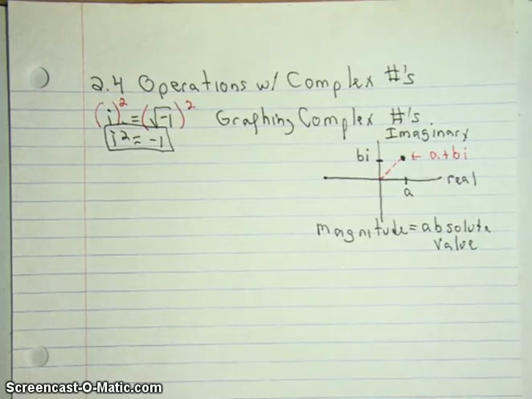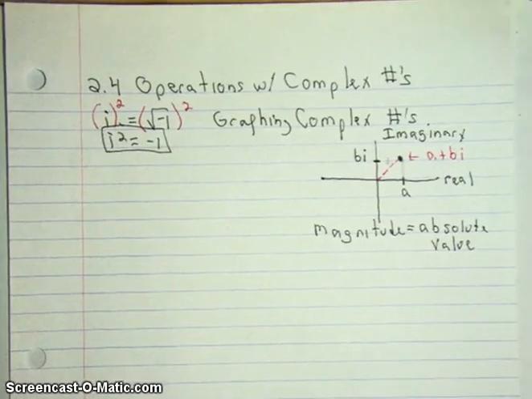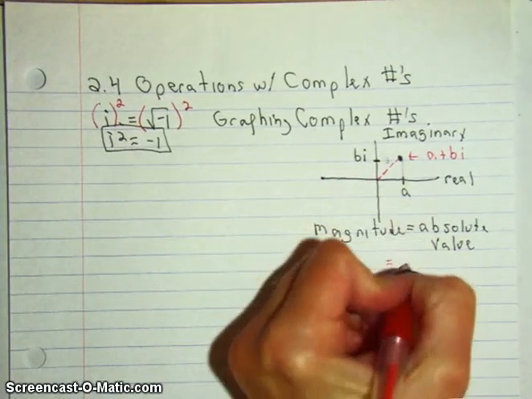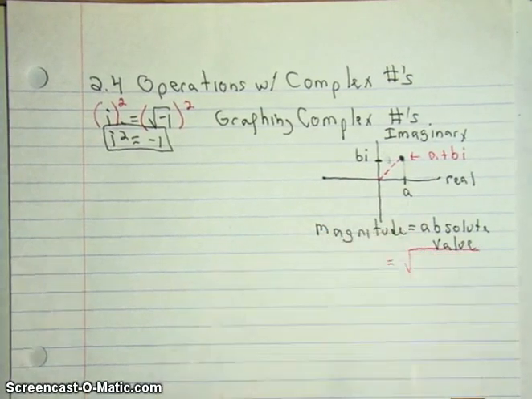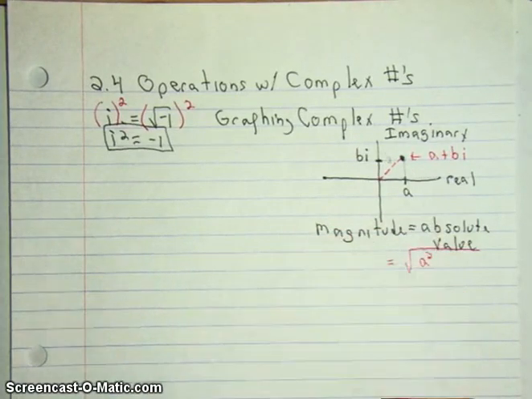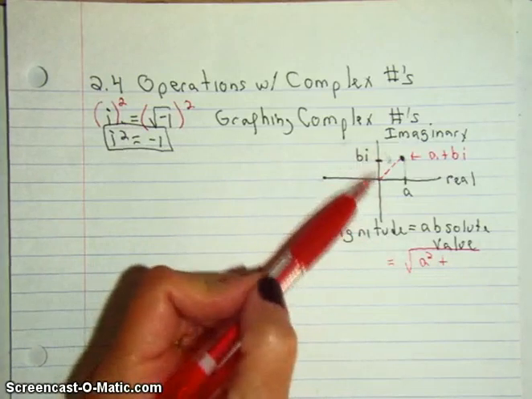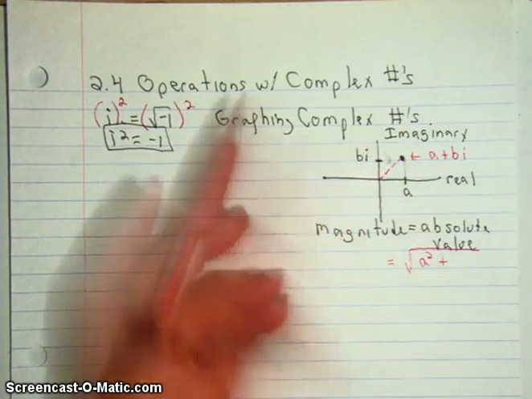Now, what's a way that we know how to find that? The magnitude is defined as the square root of the real part squared plus the imaginary part without the i in it.